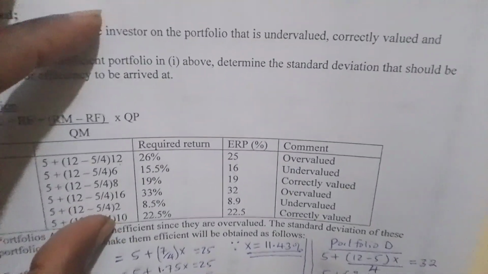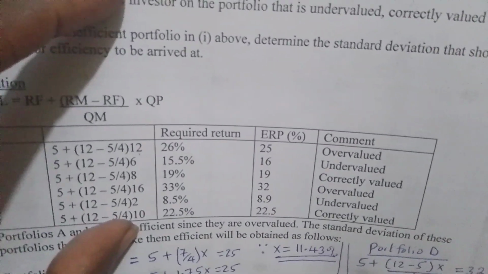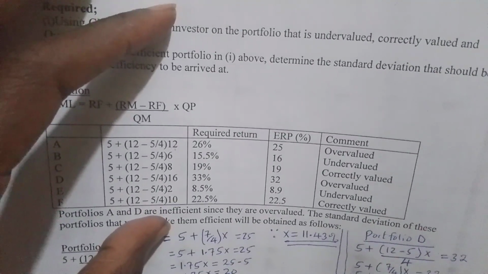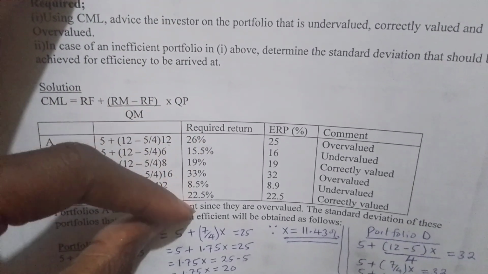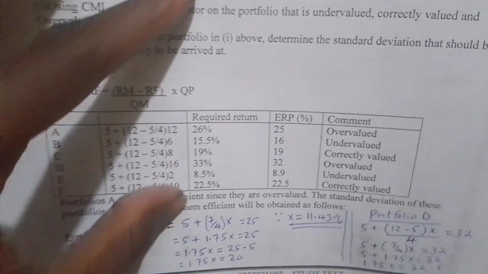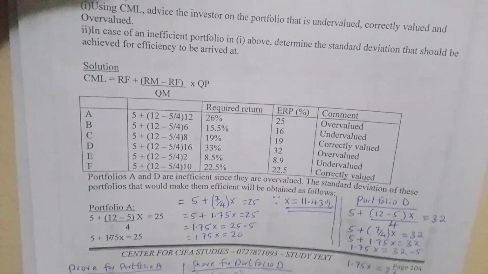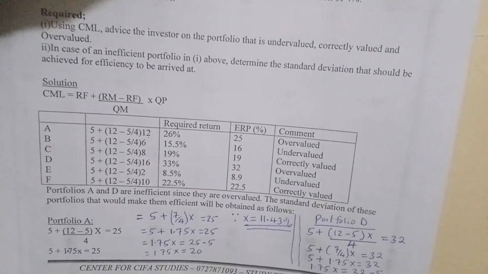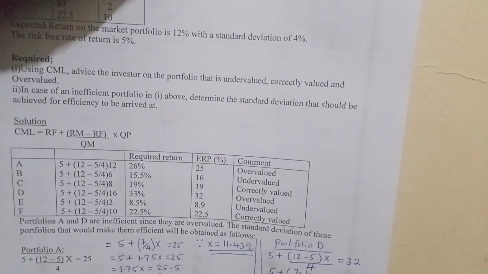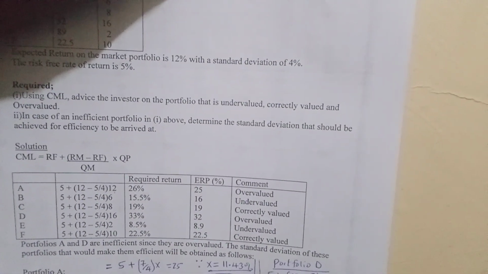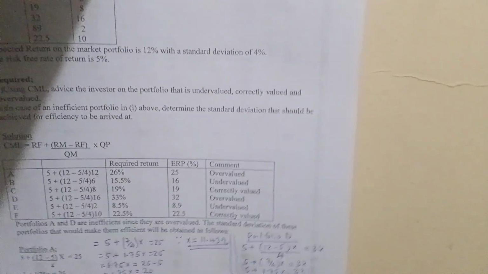If you look at this solution, the only thing which is changing is the standard deviation of the portfolio, these numbers here. All the others are the same. Now once you have understood that, the required return you compare with the expected return.